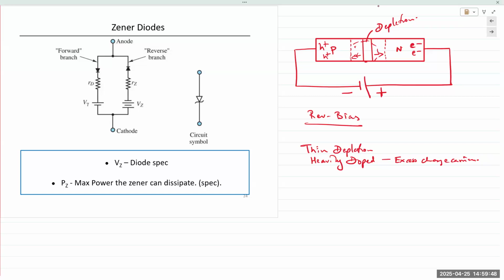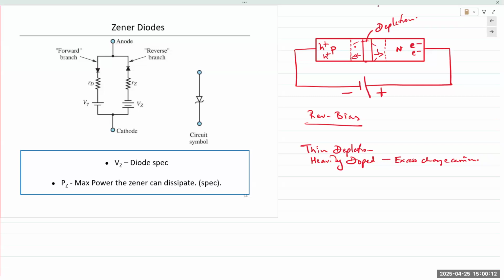But breakdown is intentionally designed into the device. We want the device to break down. Breakdown doesn't mean that the device is being destroyed. The device will not be destroyed until it exceeds its power rating capability.